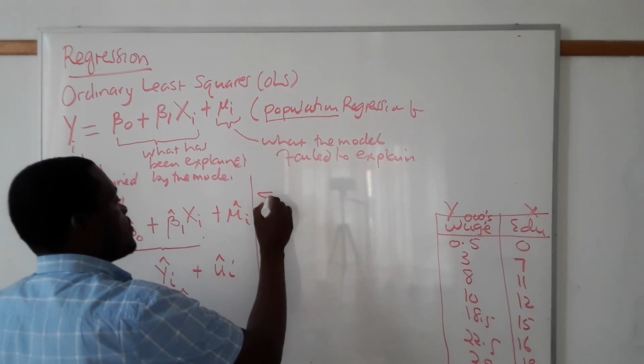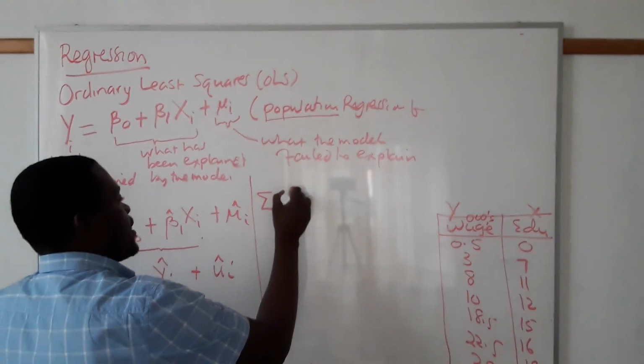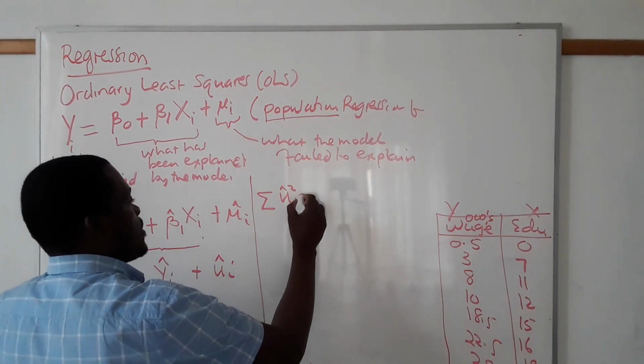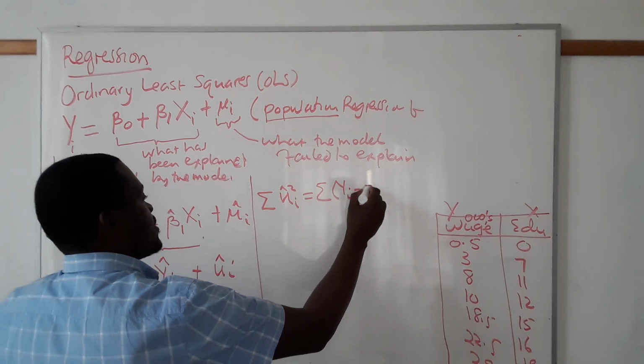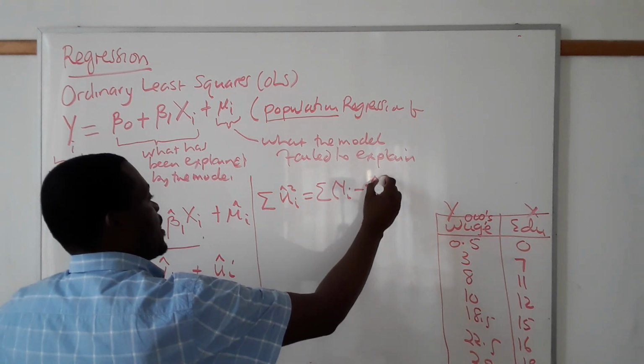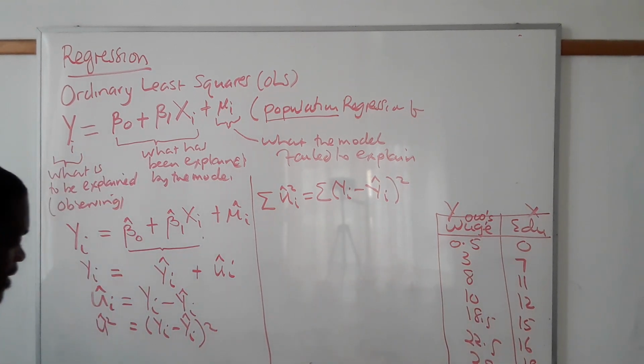So the sum of mu i squared is equal to the sum of yi minus y hat i squared.